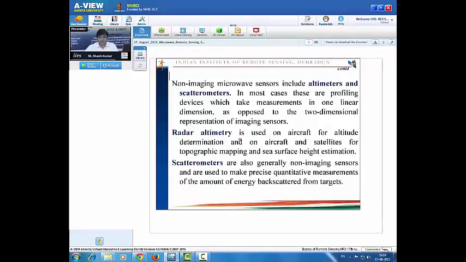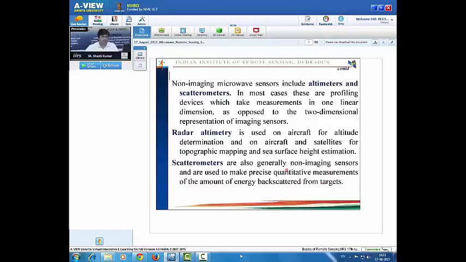Radar altimetry is used on aircraft for altitude determination, and on aircraft and satellites for topographic mapping and sea surface height estimation. From the name altimeter, it is clear that it is mainly measuring the altitude. Spectrometers are also generally non-imaging sensors and are used to make precise quantitative measurements of the amount of energy backscattered from the targets.